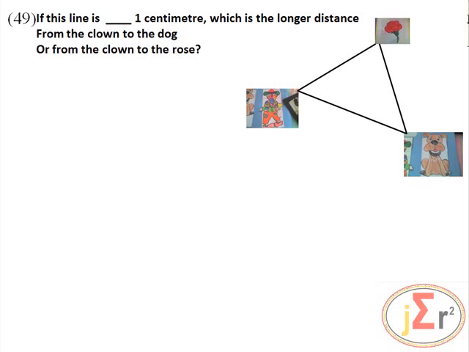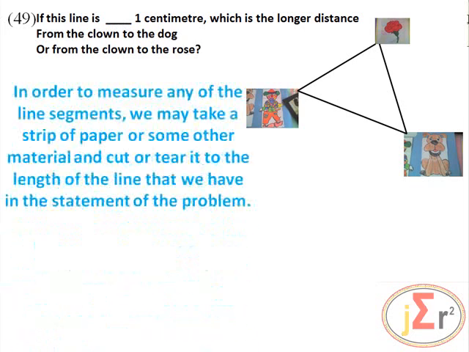So if we have a 32-inch set, it is going to be longer than on a 14-inch monitor, Jerry. So do not measure it on the screen. Just take it as it is when we are working in the screen. So if the line that we have there is 1 centimeter, which is the longer distance? From the clown to the dog, or from the clown to the rose?